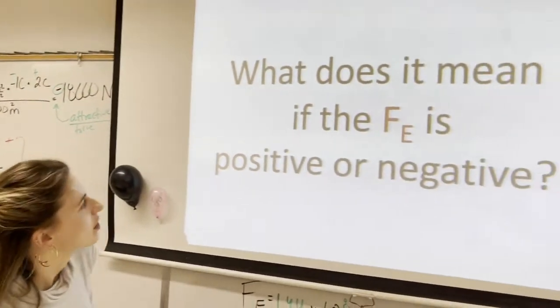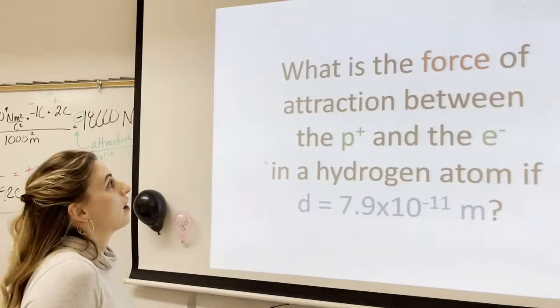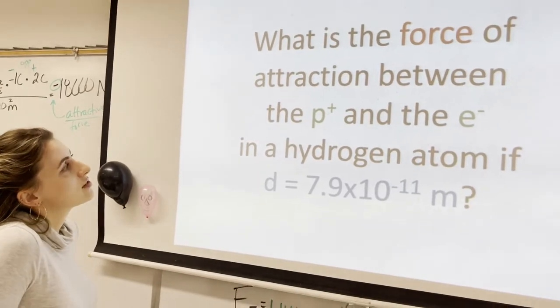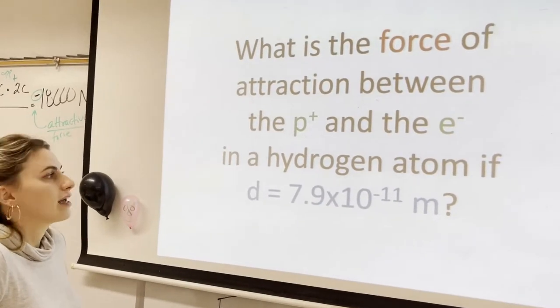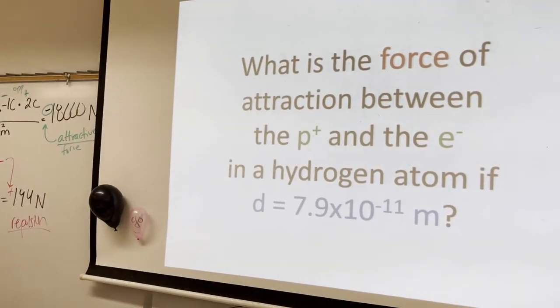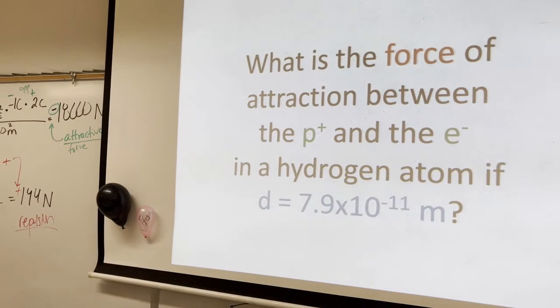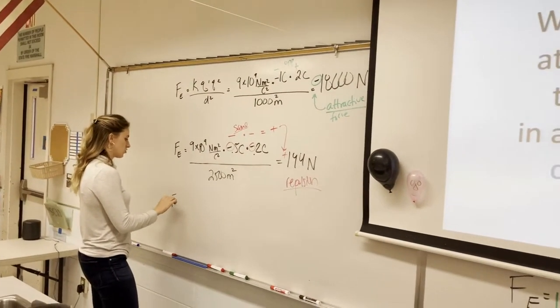Yep. Okay. And then we have this question. What is the force of attraction between the proton and the electron in a hydrogen atom if the distance is this much? Well, we're going to use Coulomb's law, but what piece of information do we need that it's not given us? What is the charge on a proton and an electron?